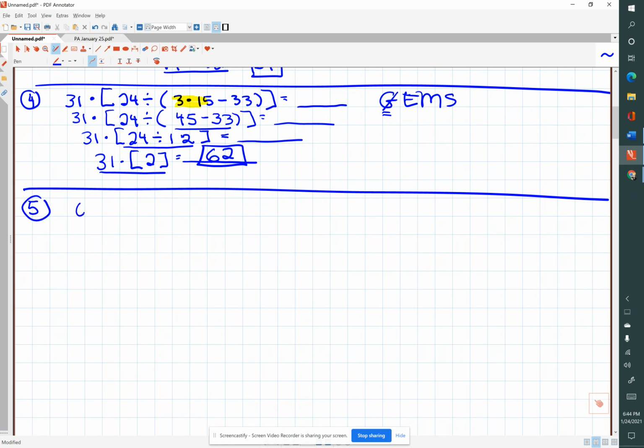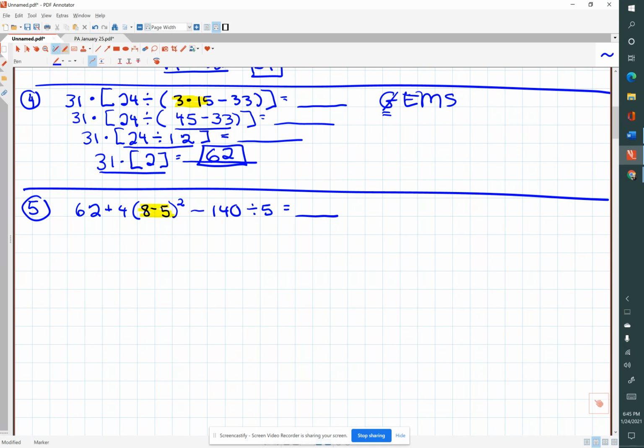So 62 plus 4 times the quantity of 8 minus 5, and all of that is squared, minus 140 divided by 5 equals. So we start in this grouping symbol first, right here, 8 minus 5.